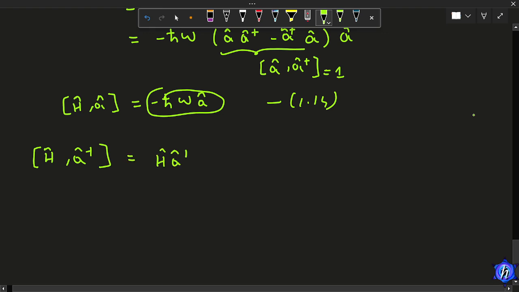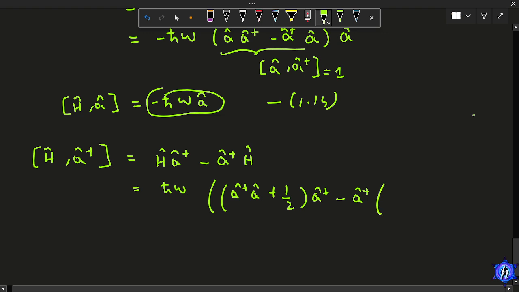Hamiltonian operator: (A† − E†)H, and this is ħω. Let me be very careful in writing this: plus half A† minus A† A plus half.